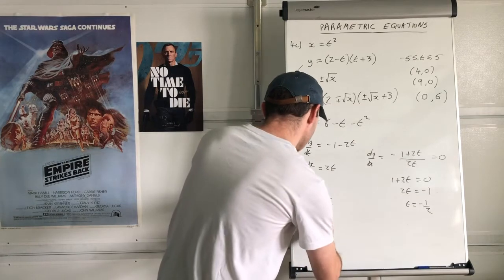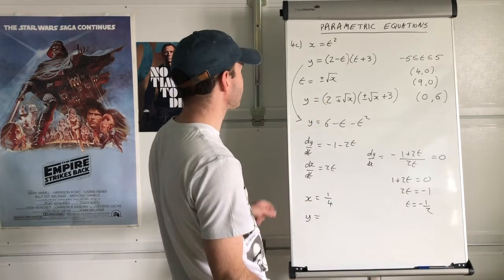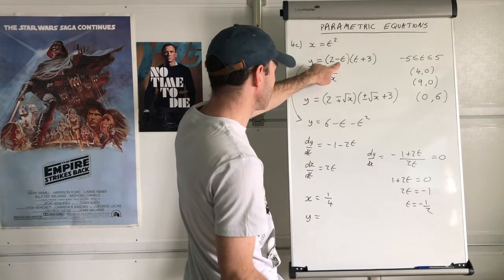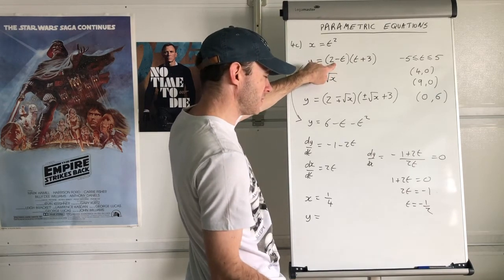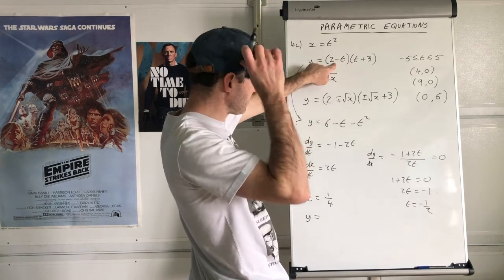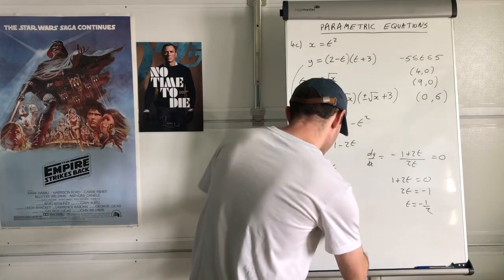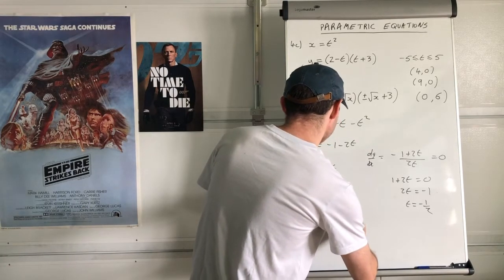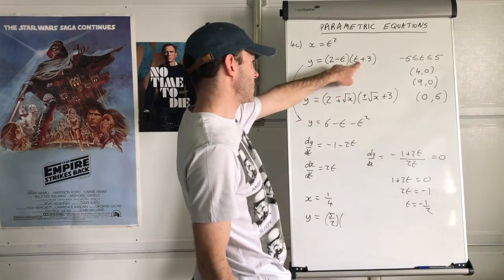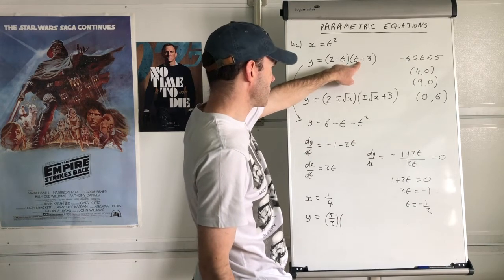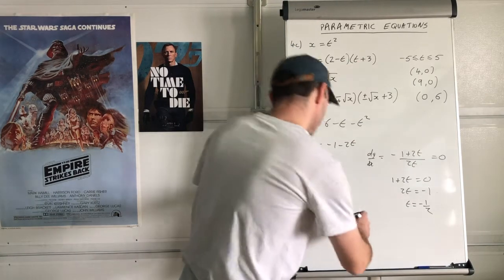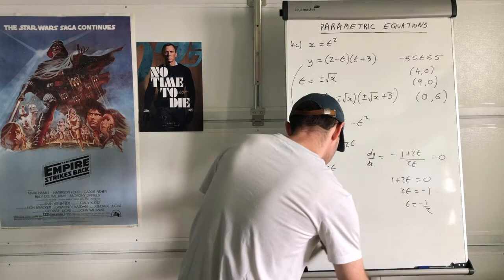And the y value is going to be 2 subtract negative half, so 2 plus a half. So it's 2.5, it's 5 over 2. Multiplied by, it's going to be 5 over 2 squared, isn't it? Which is 25 over 4.